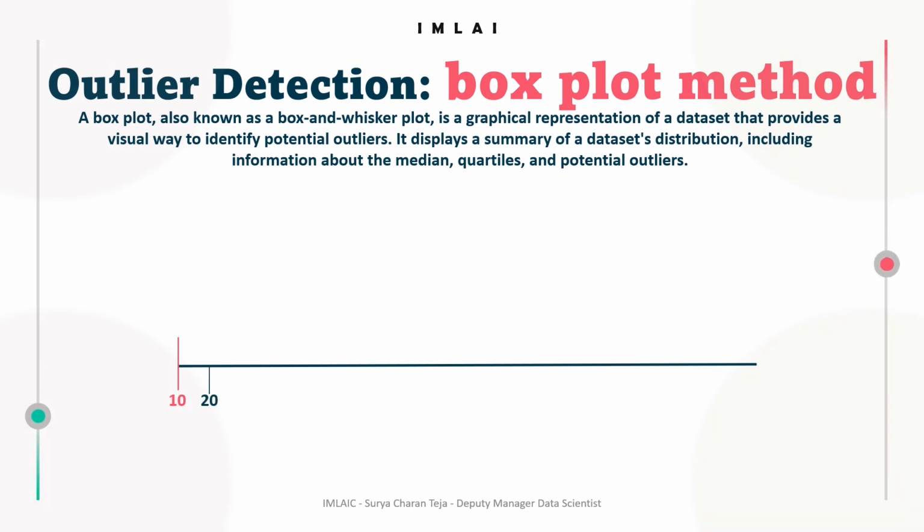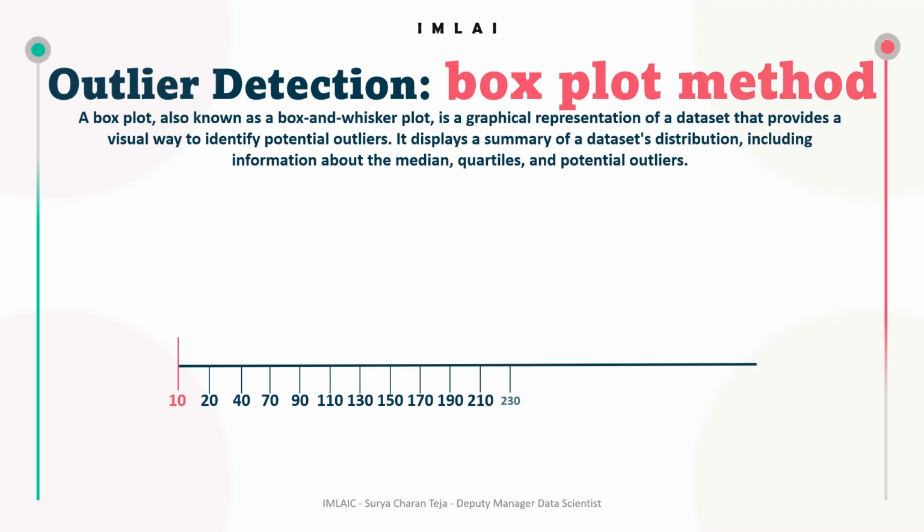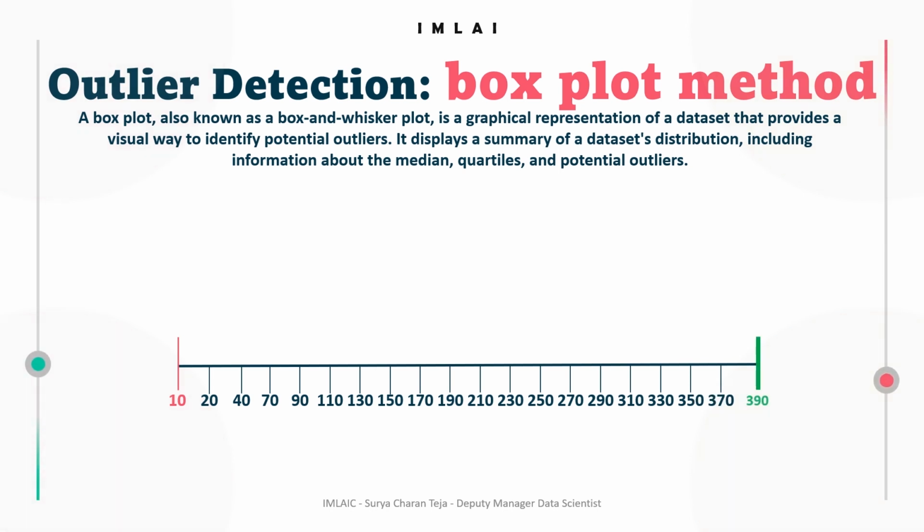Then it goes on 20, 30, and on to the higher level, because I want to put them in ascending order. It starts with a minimum value of 10 and ends with the maximum value of 390. These are my overall data points.